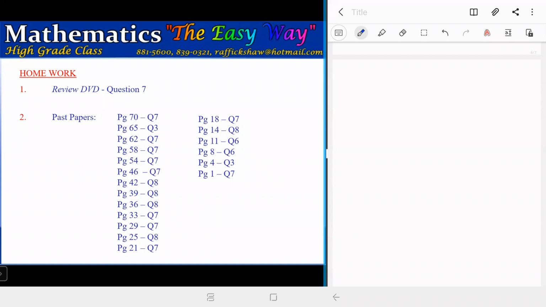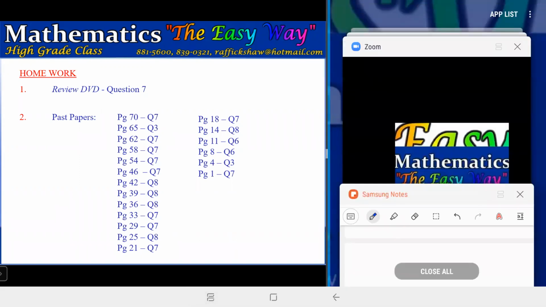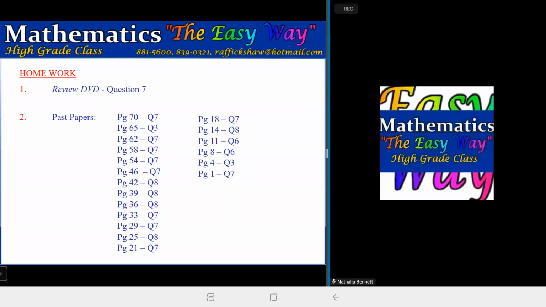Try and see if you can understand. If you don't understand something, you can send me a message. But that's what I wanted to do for today. And tomorrow, we just come and practice examples from past papers and also from the handout.